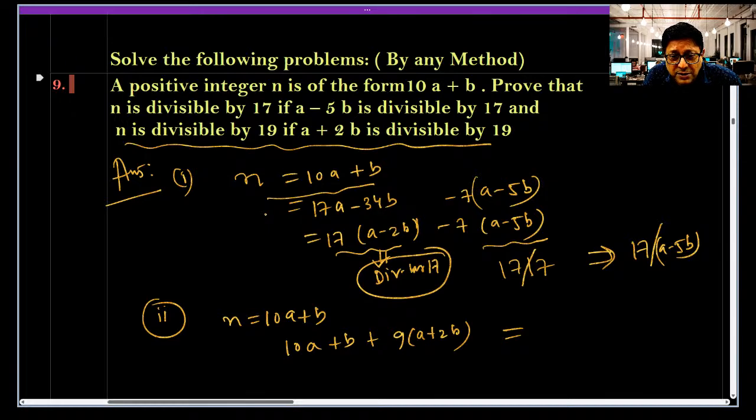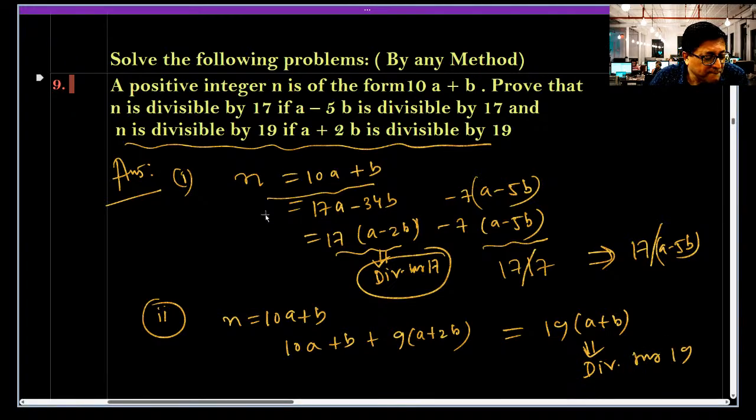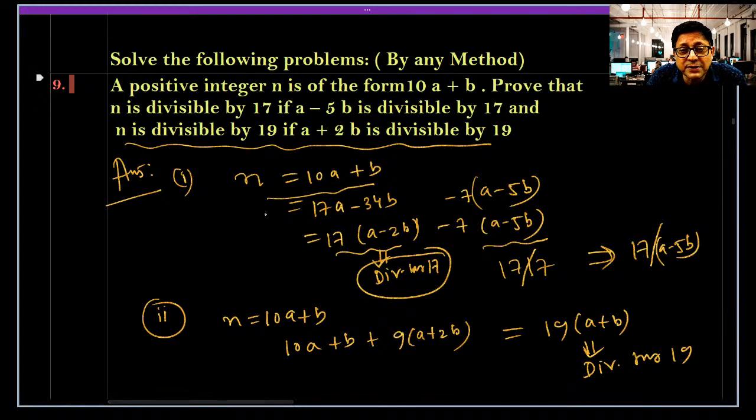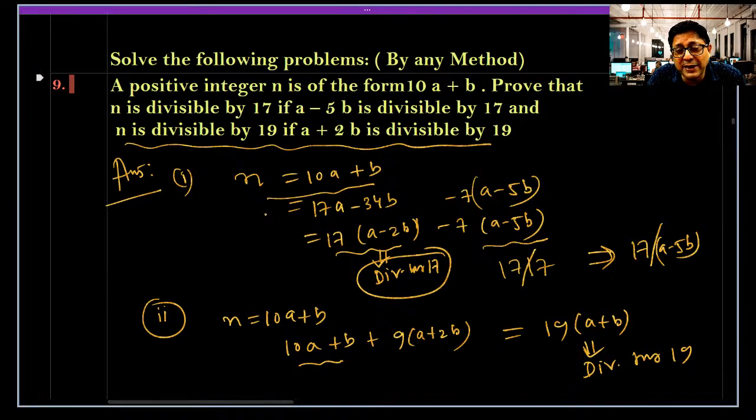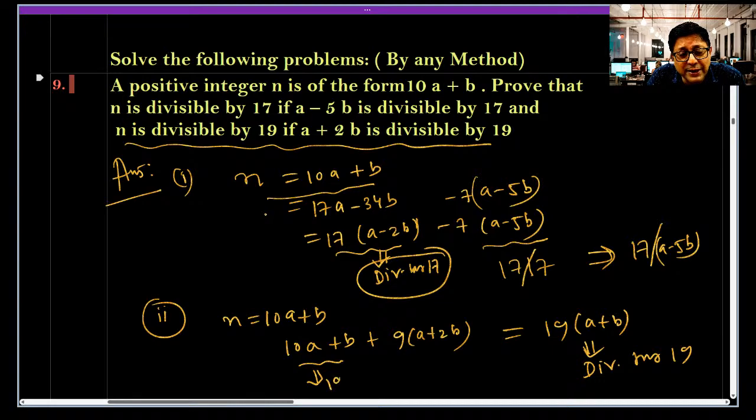This is nothing but 19 into (a plus b), which is divisible by 19. And 10a plus b is divisible by 19, it is given, no? So this part a plus 2b has to be divisible by 19.